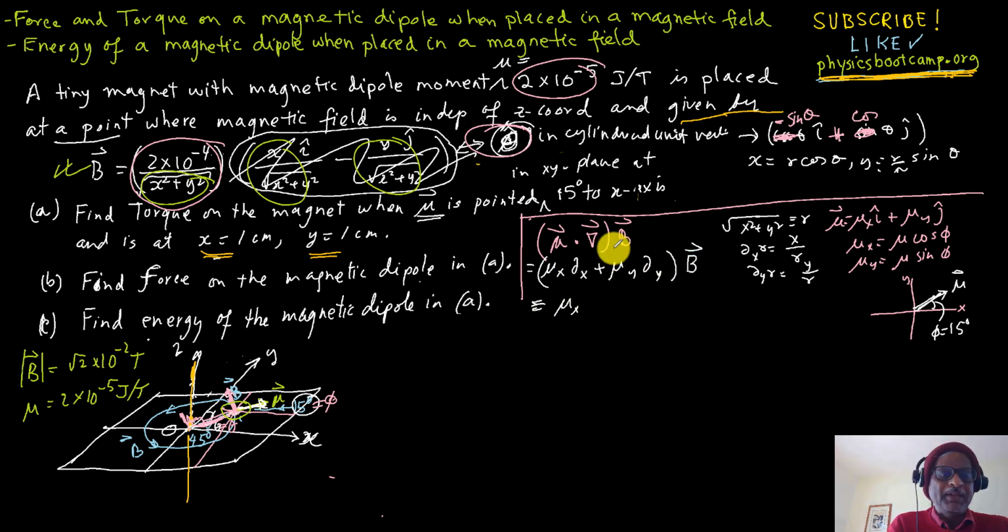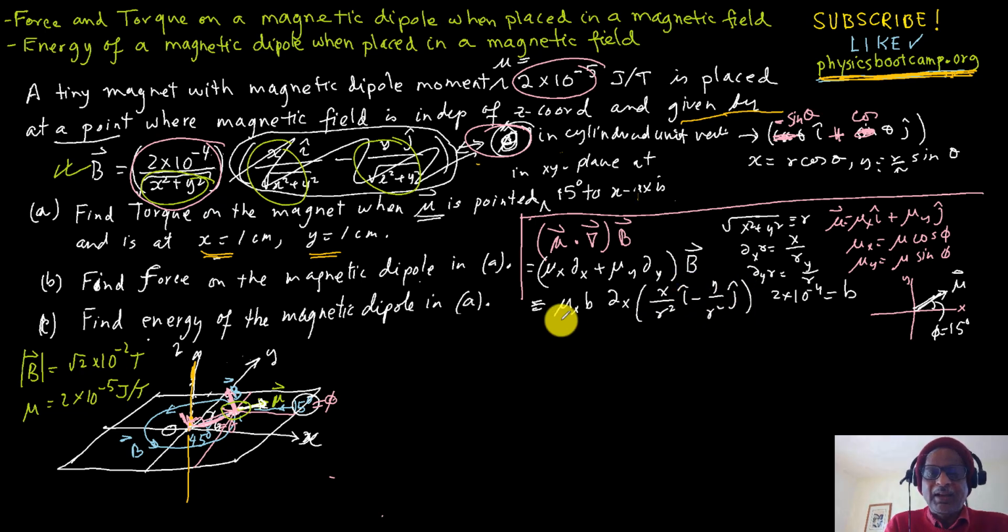Dx with b will be, and we can write 2 times 10 to the minus 4 as little b, just to keep notation simple, and then we have a dx which is x over r square i hat minus y over r square j hat, and then mu y b dy x over r square i hat minus y over r square j hat.